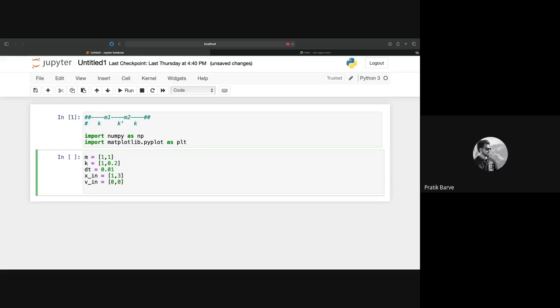Now let's make empty lists to store our values. We need an empty list for displacement of x1, that is for mass 1.